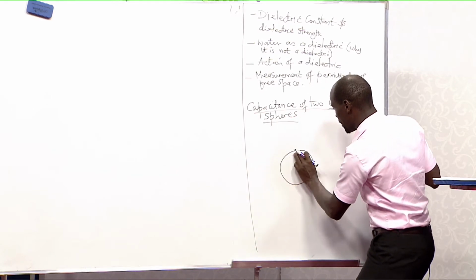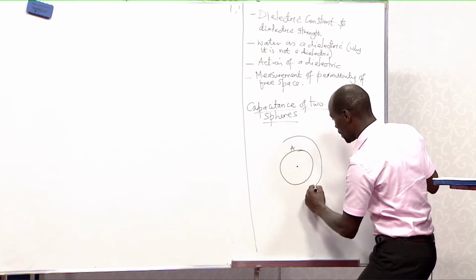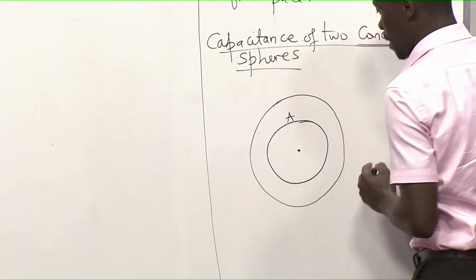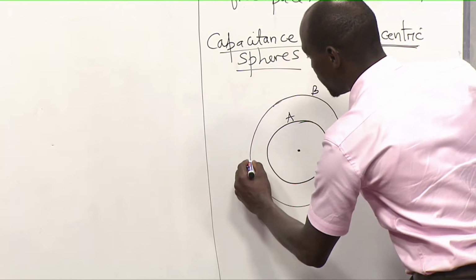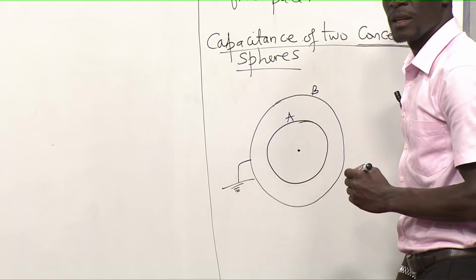This is sphere A, the center is there, and this is sphere B. Sphere B is earthed. That one represents earthing.